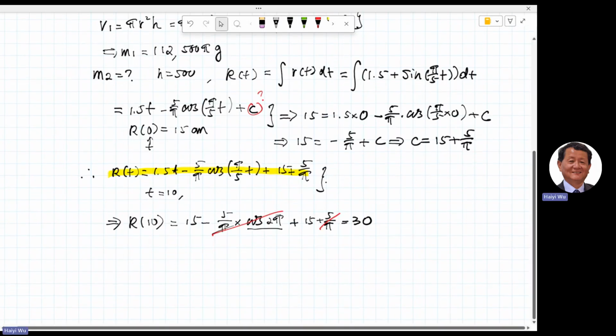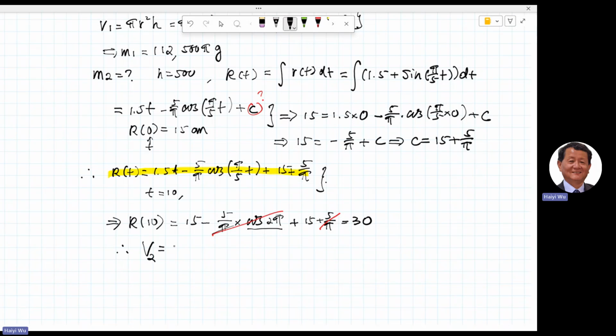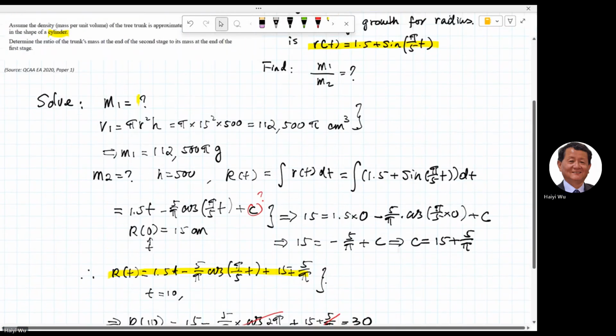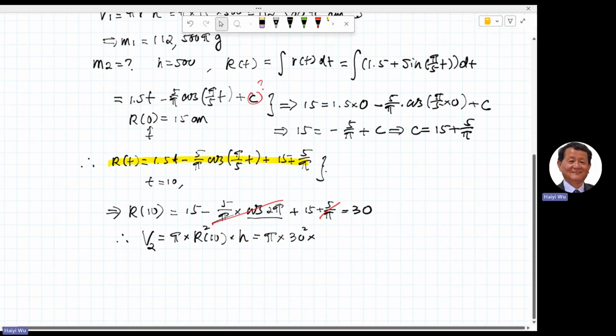All right, now we're going to substitute. The volume of the second stage is pi times R10 squared times the height, which is still the same. So it will be 30 squared times the height, which hasn't changed, 400.